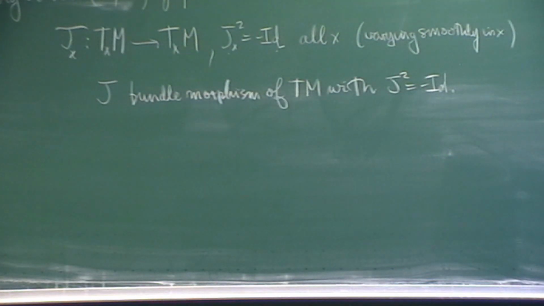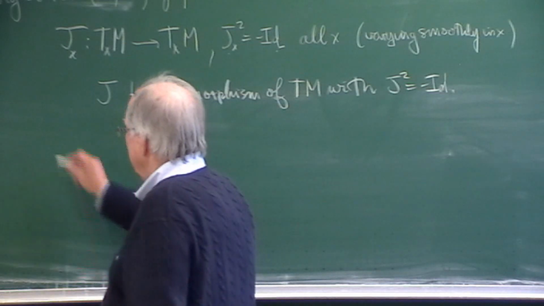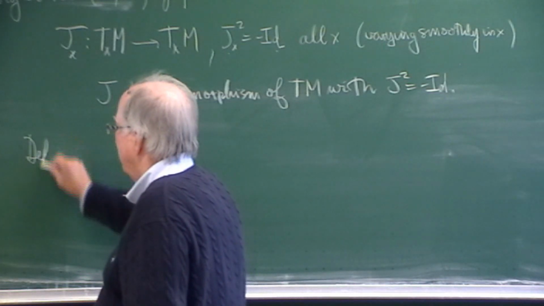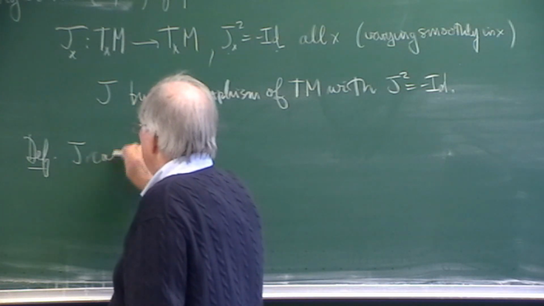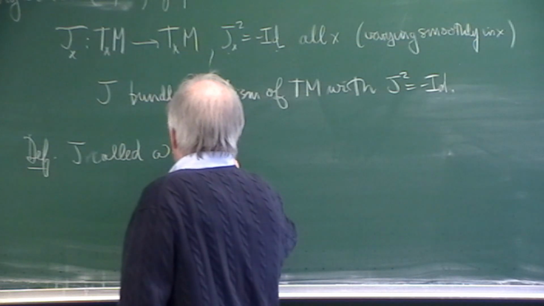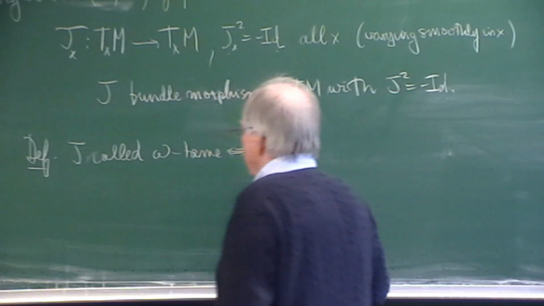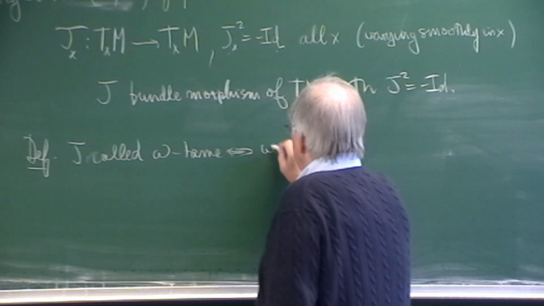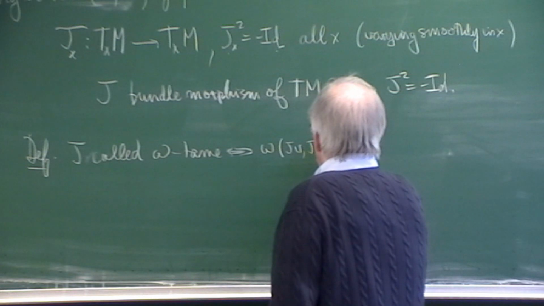Okay? And then you should require the requirements. So J is called omega tame, let me even write formally, definition: J is called omega tame if and only if two conditions are satisfied. J is an isometry, it really preserves the symplectic form omega.